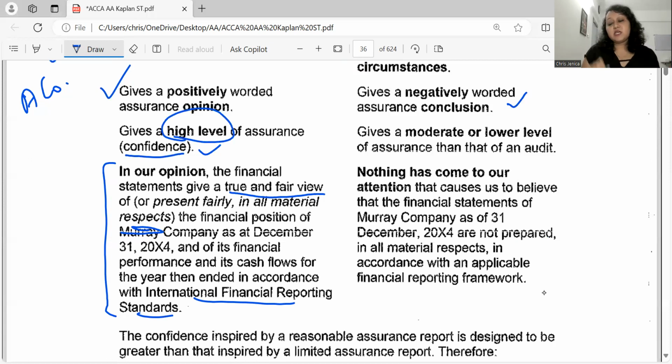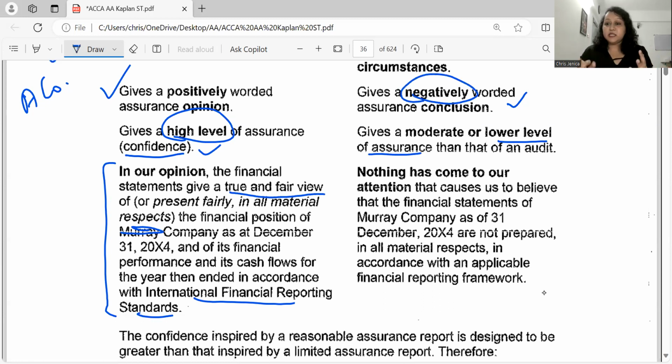But whereas we have just performed analytical procedures and made some enquiries where we cannot enhance the degree of confidence, this is just going to be some kind of a low level of assurance that we can provide. Thus, we cannot directly convey our opinion that yes, we provide a reasonable assurance that it is true and fair. We cannot say so. We can just give a lower level of assurance. Lower level of assurance can be worded only in a negative way and not in a positive way.